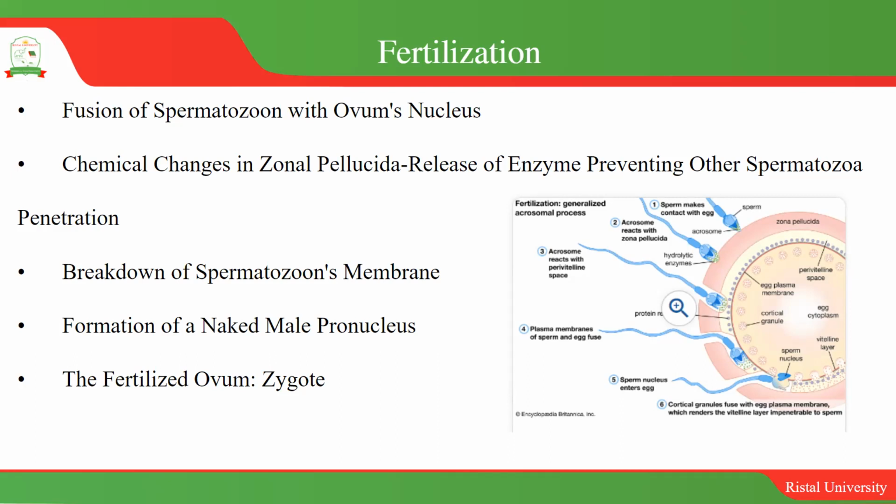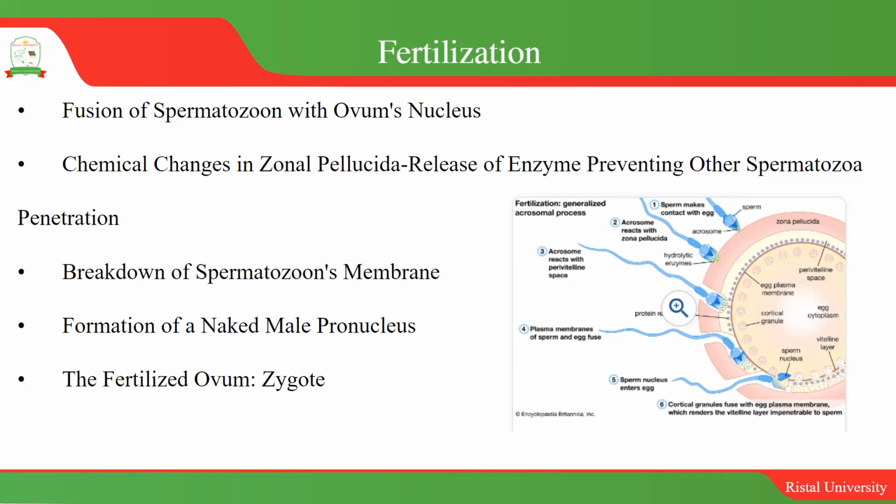So the sperm cell has to penetrate a number of membranes, the radiate cells, and then the zona pellucida, then the vitelline membrane.